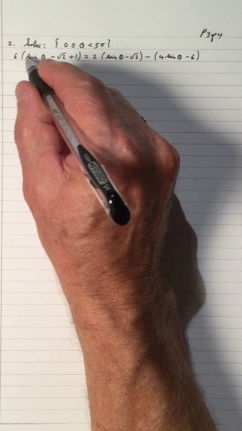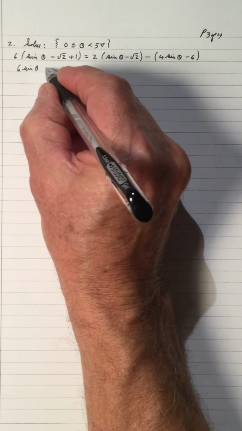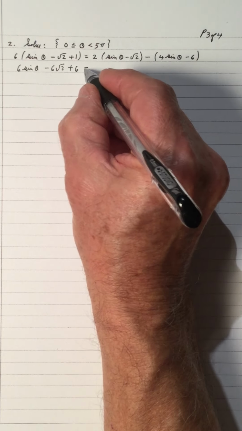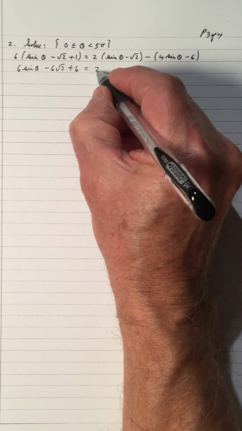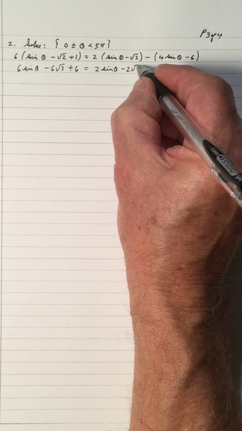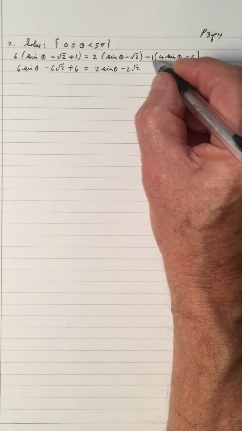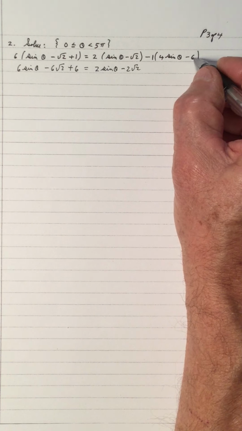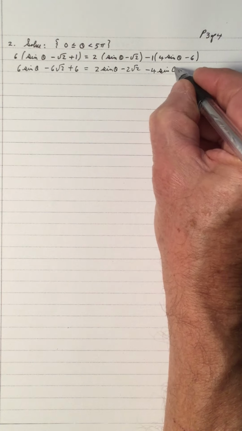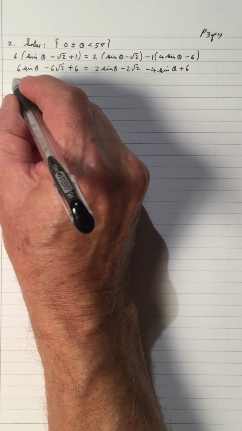We multiply 6 by each of these terms, so it's 6 sine theta minus 6 root 2 plus 6 equals 2 times sine theta, 2 times negative root 2, and we can put a negative 1 here. Negative 1 times these two terms in the binomial is negative 4 sine theta plus 6.